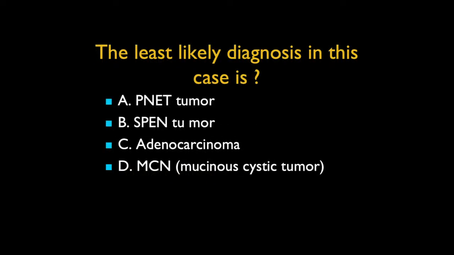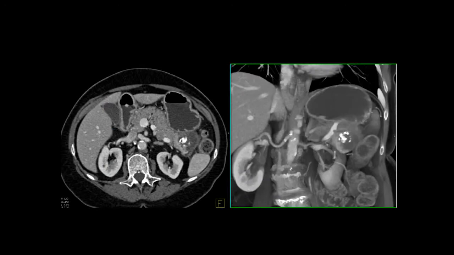The least likely diagnosis in this case is, well, the cystic lesion, tail of pancreas with calcification. It could be a cystic neuroendocrine tumor, and they commonly calcify, and in fact, that's what it was. In a young patient, it can be a SPEN because they can be cystic and they have dense calcification. Mucinous cystic neoplasms have rim-like calcification.